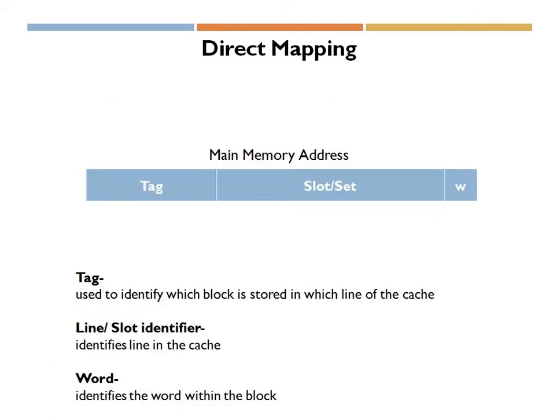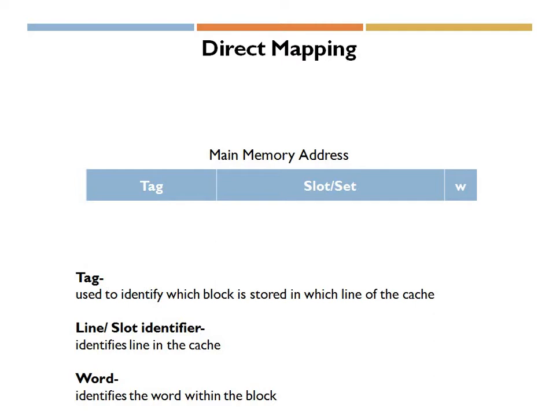The main memory address is going to have 3 sections: tag, slot or set, and W. Tag is used for identifying which block is stored in which line of the cache.